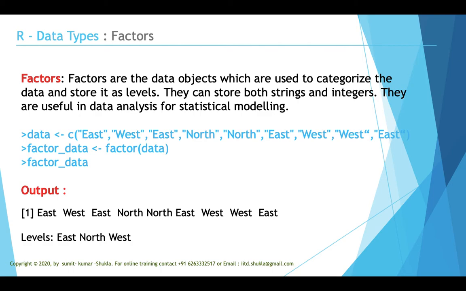They can be stored both as strings as well as integers. They are useful in data analysis for statistical modeling. In this program, I've given data equal to east, west, north, followed by something. In the factor data, what I am making is only the unique values of all these.